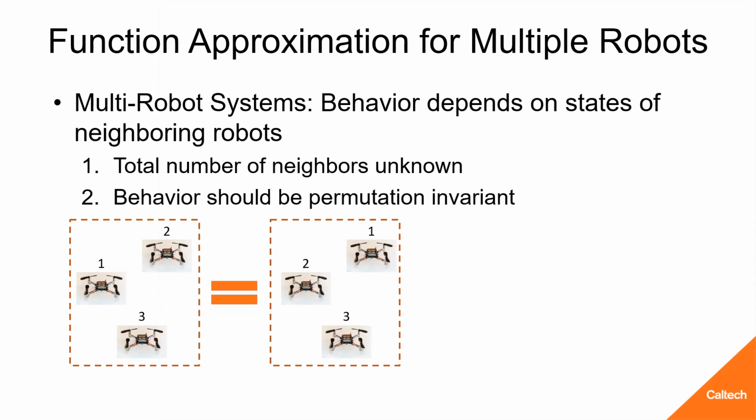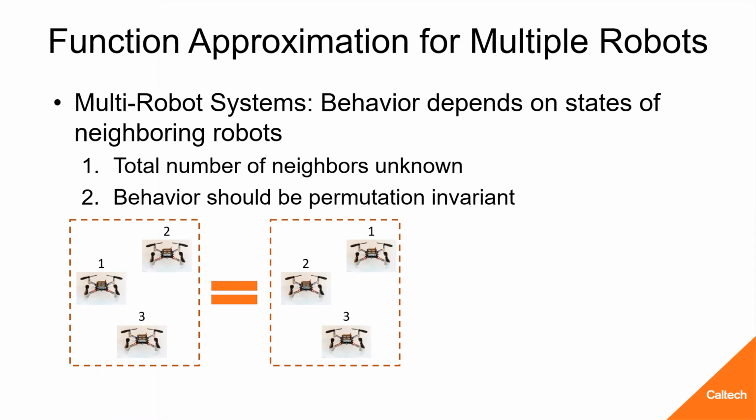If you have a multi-robot system, then typically that means you have robots that want to collaborate with each other in order to achieve a common goal. That means their behavior ideally depends on the states, observable or maybe not observable, of the neighboring robots. Now in practice, if your robots are identical or homogeneous, you may not know how many robots are in your vicinity that you can observe.